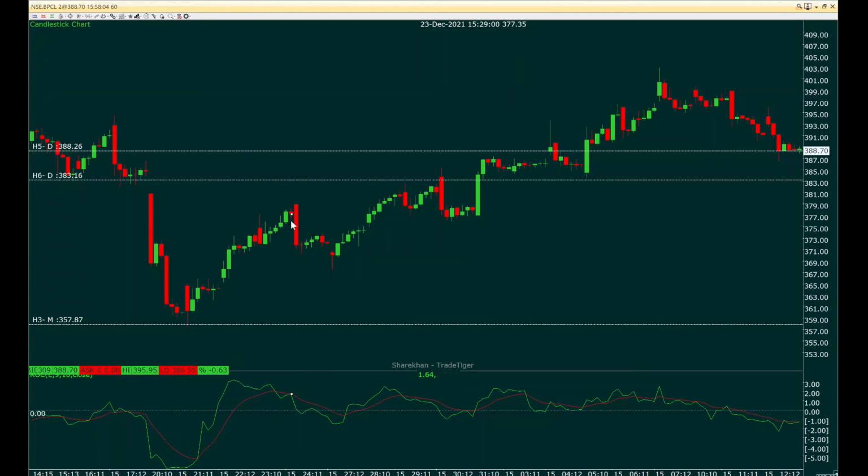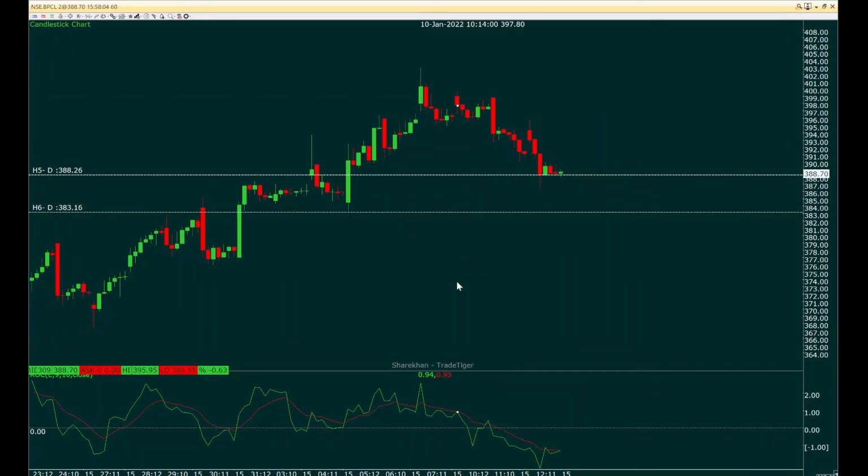But if you see, this was making higher high, higher low, higher high, higher low, higher high. But now price is creating kind of an arch structure. So what we can do in this case is that for tomorrow, we can target some of this area.